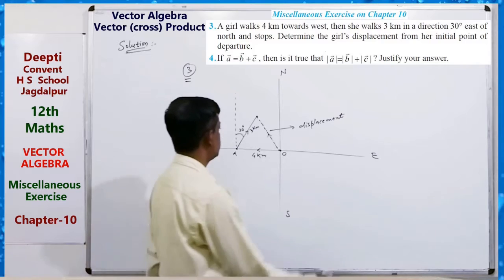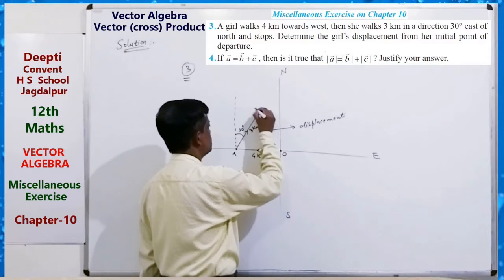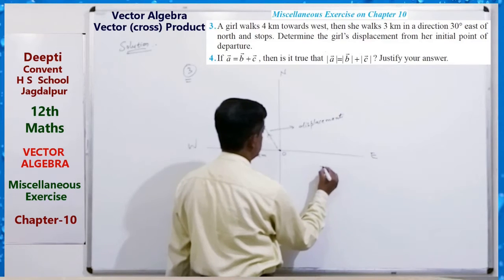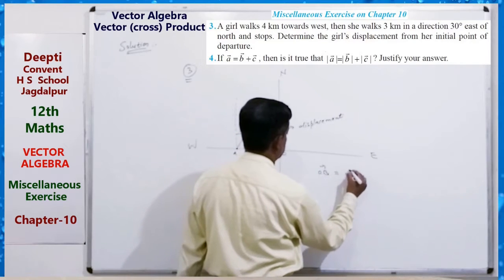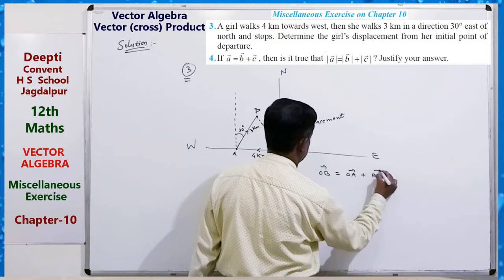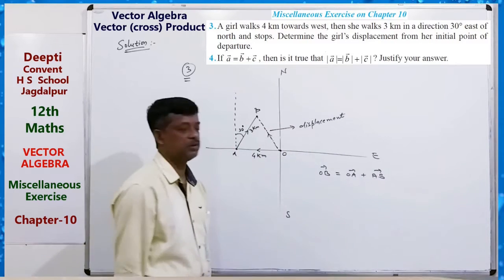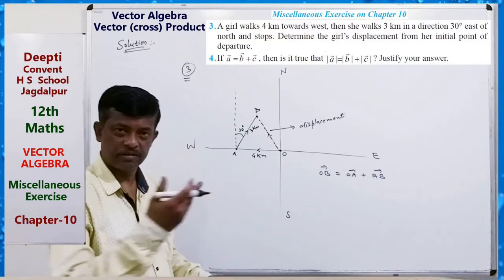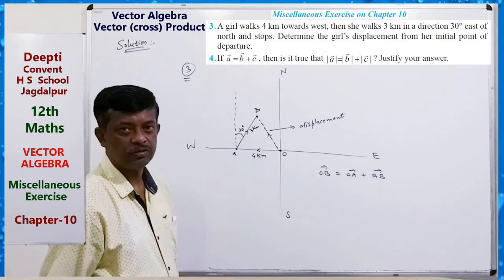Clear? So here we can write OAB. Suppose this is B. So displacement means OB. So OB equals OA plus AB. Clear? So we can find the value.